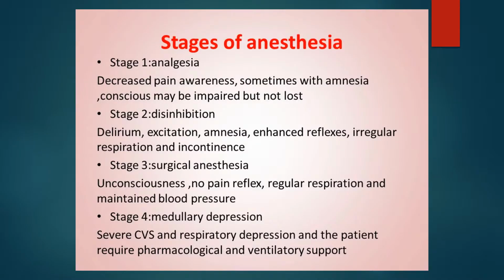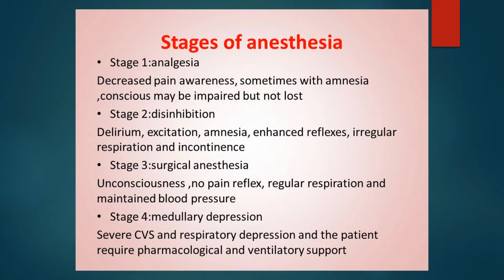So, as I said, laryngospasm typically occurs in stage 2 or the disinhibited stage. And historically speaking, these are the stages of anesthesia. Stage 1 is analgesia, so there's no pain awareness, there's amnesia, consciousness is usually not lost, but it may be impaired.